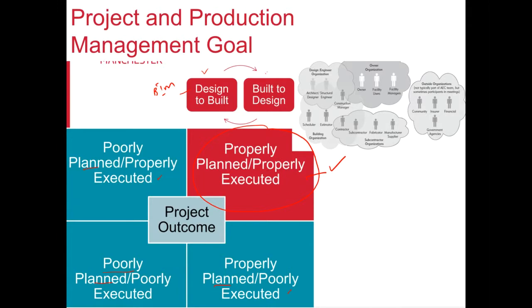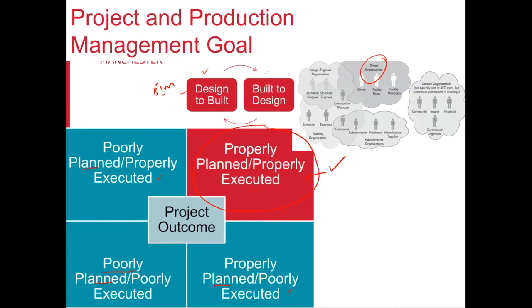Right. So when we talk about construction projects, it's not a very simple project. Our production mechanisms are quite complex. There is a great deal of stakeholders, for instance, owner organizations, owners, facility managers.